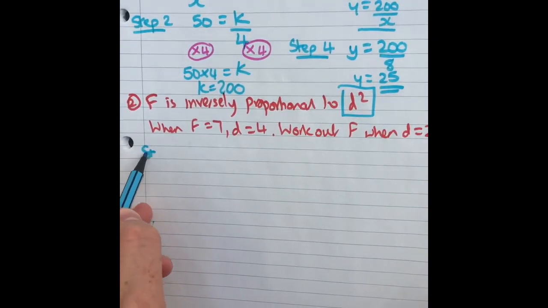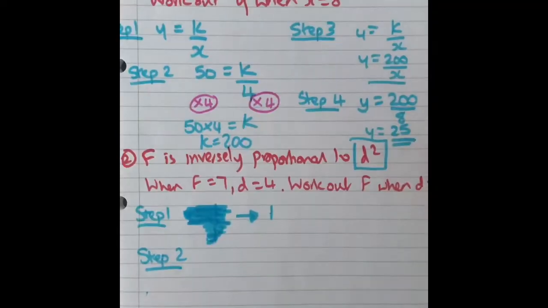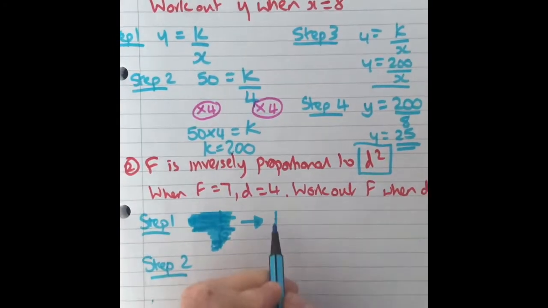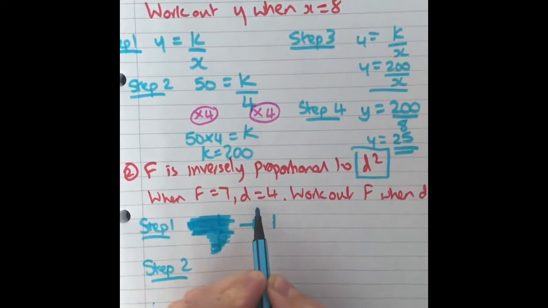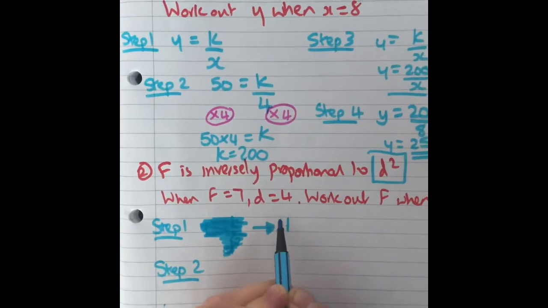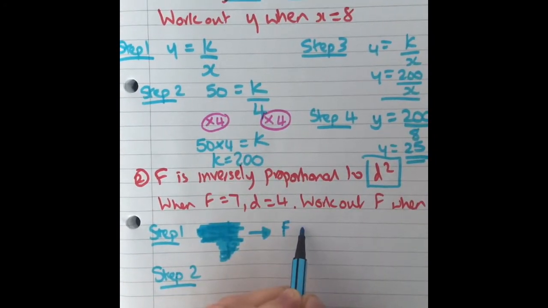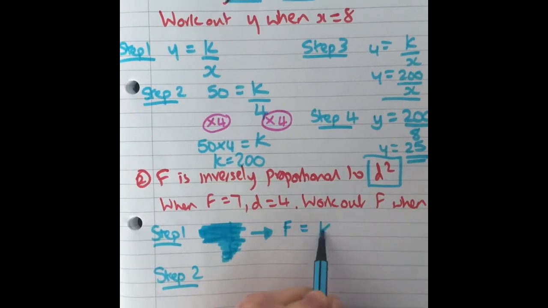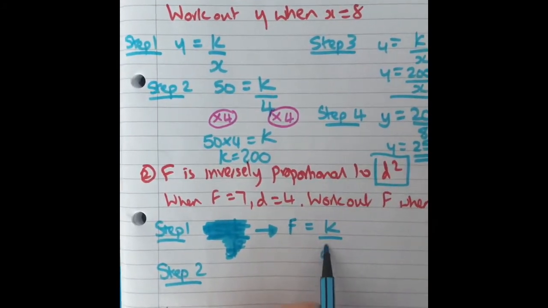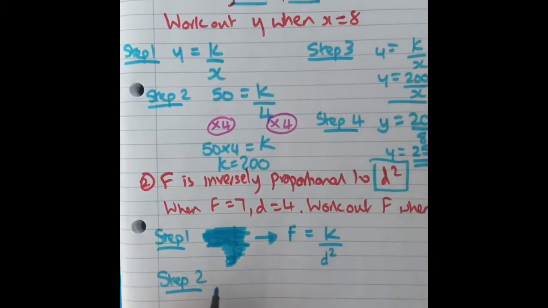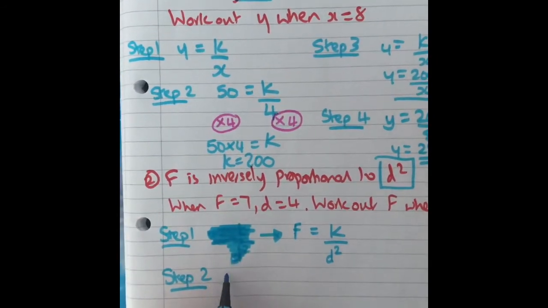Second one. So f is inversely proportional to d squared. So step 1, create an equation. So f is inversely proportional, so f equals k over d squared. Step 2, substitute in the numbers.